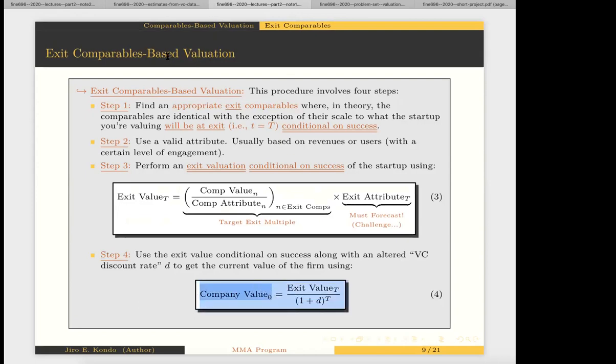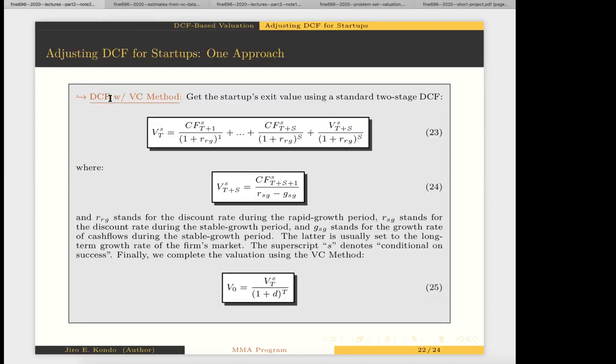In an exit comps-based valuation, we got our exit value conditional on success using this comparables approach. What we're going to do in our DCF-based application of the VC method is, instead of getting our exit value conditional on success off of exit comparables, get it off of forecasted cash flows. And we're going to do this in 2 steps.